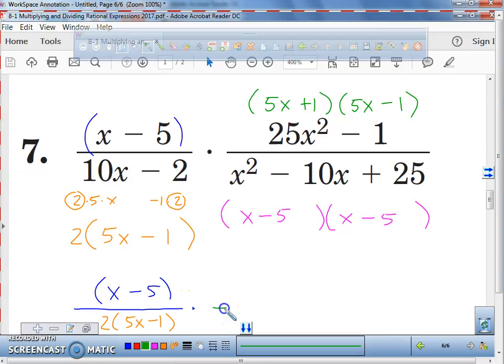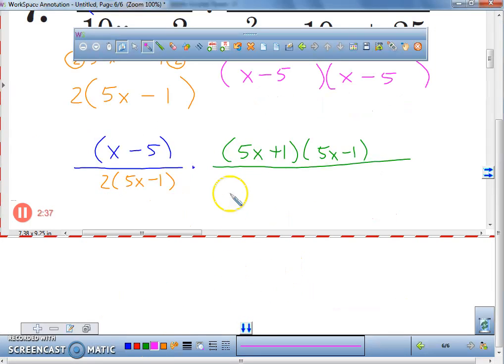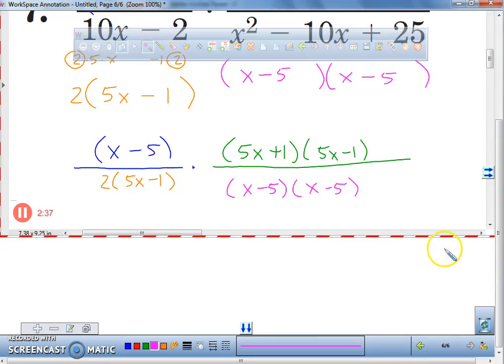In the numerator, on the right side, I have a 5x plus 1, and I have a 5x minus 1. And in the denominator, I've got an x minus 5 and an x minus 5. I've factored everything out. Now, after we have everything factored out, we need to look for things in the numerator and the denominator that cancel to a 1.